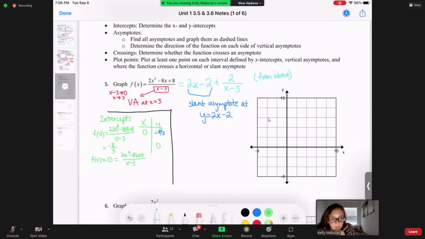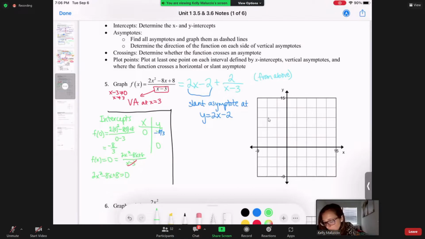The nice thing is, when we set this equal to 0, we can basically ignore the denominator, because if I multiply both sides by x minus 3, it would cancel. So we're just solving 2x squared minus 8x plus 8 equal to 0, and this is a nice equation because we can factor.